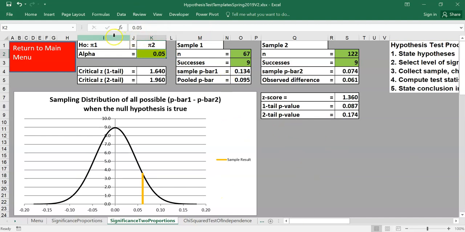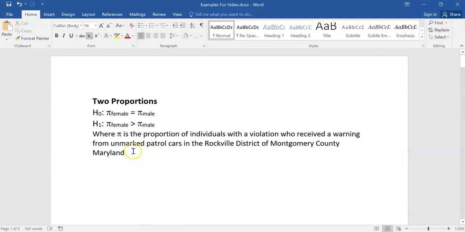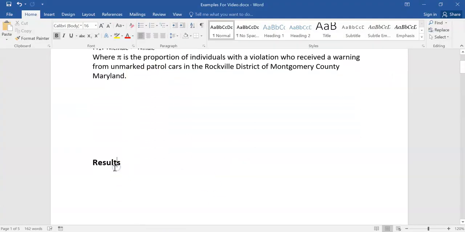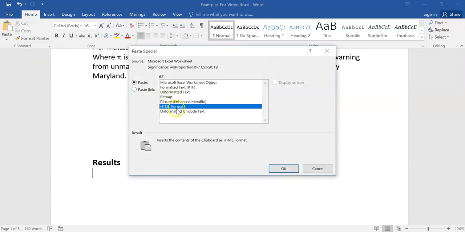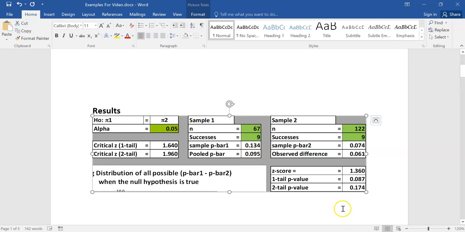So we could take these results, copy them, so we have the actual numbers over here, but we still need to state a conclusion.